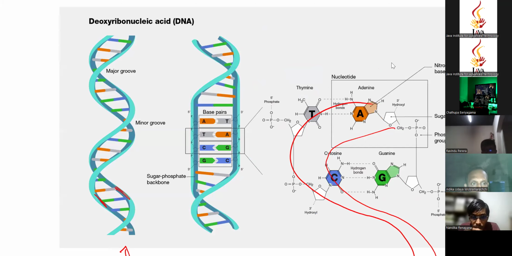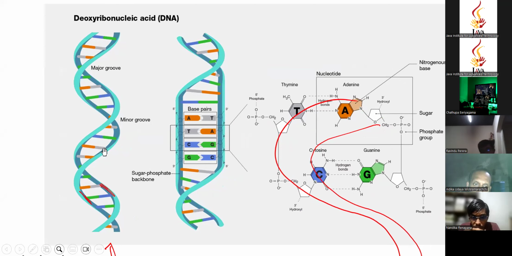We have different types of molecules forming the crossbars or the steps here, and they are labeled using a single English letter: G, C, T, A, standing for guanine, cytosine, thymine and adenine. These are molecules, right? And their structures are given here on the other side. So you can see this is how adenine looks like. It has a certain chemical structure and a sugar part, and here's the thymine, here's the cytosine, and here's the guanine.